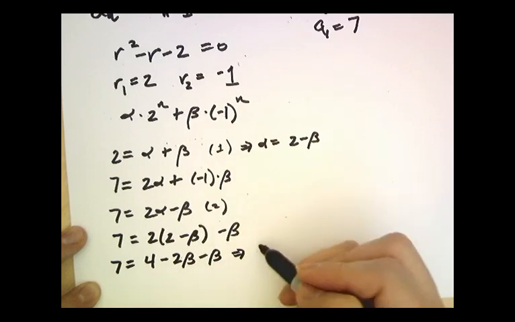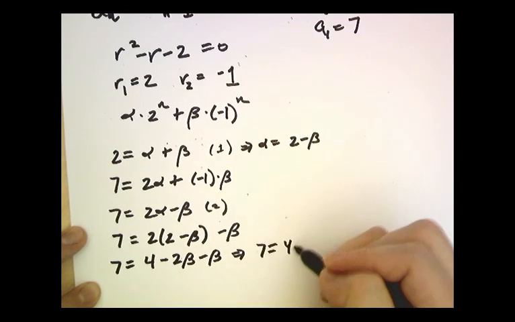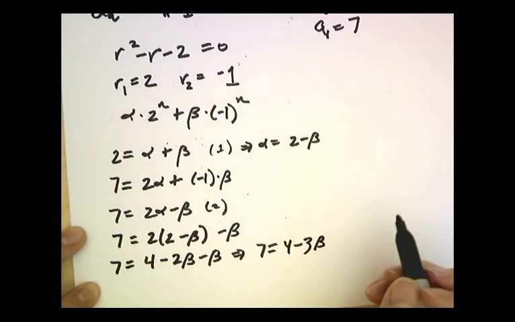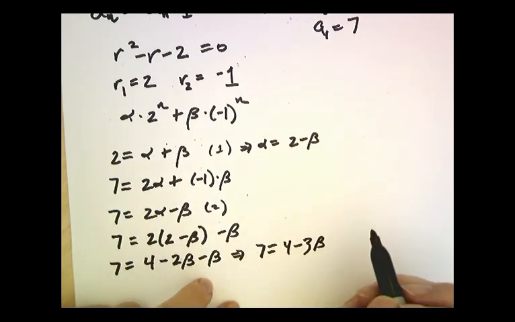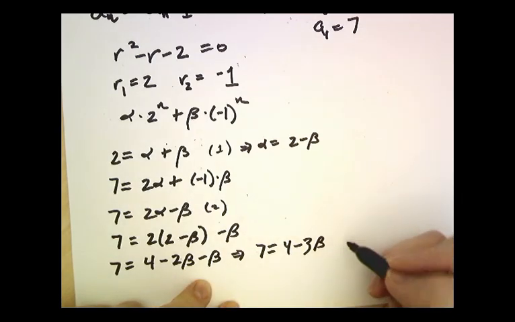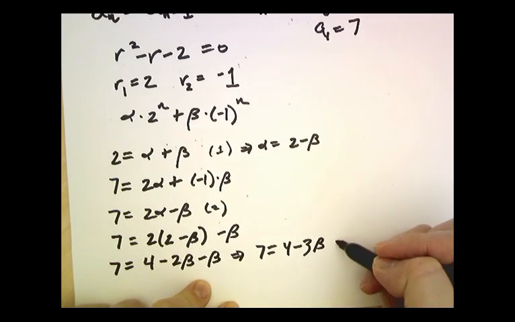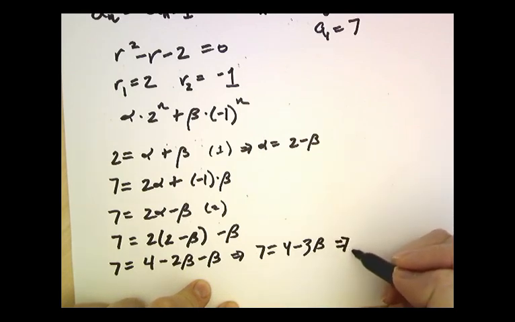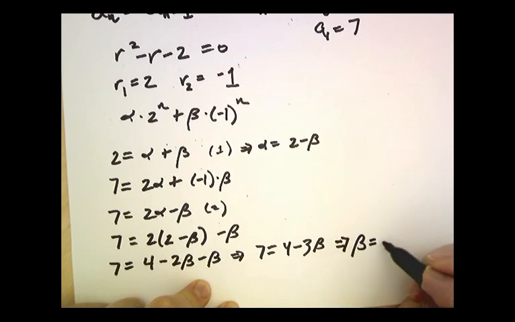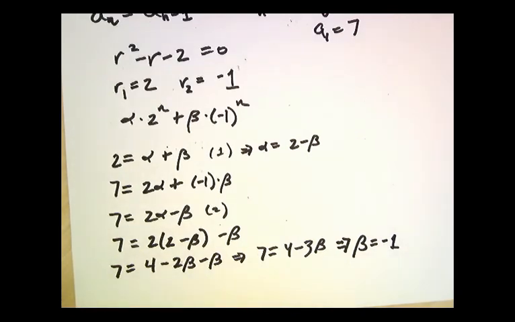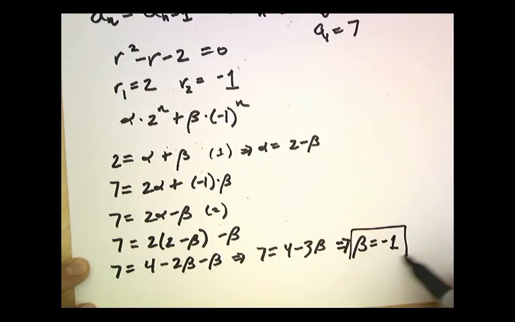So this implies 7 = 4 - 3 beta. And this implies that beta = -1. Is that right? 4 minus 3. Yeah, that seems right. So we solve for beta, it equals -1.